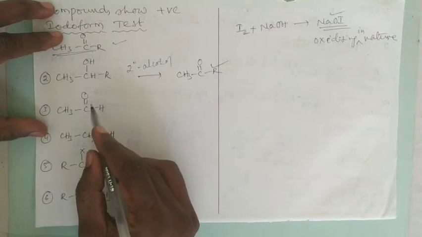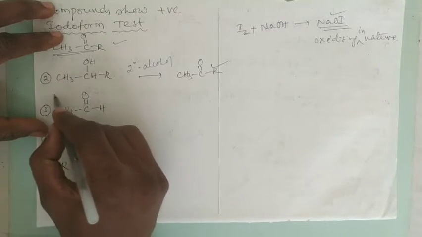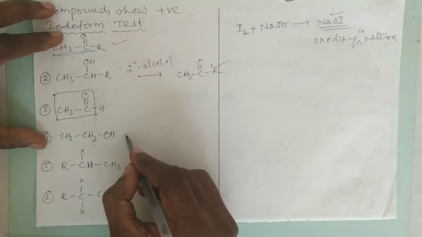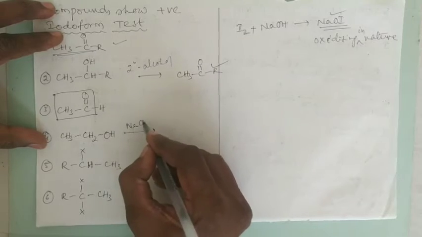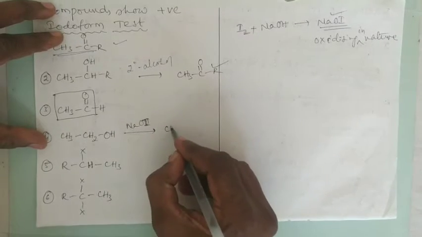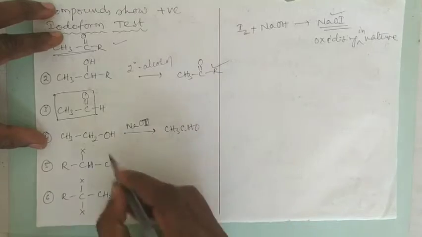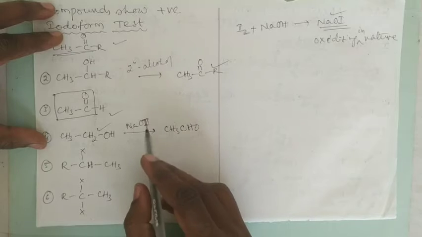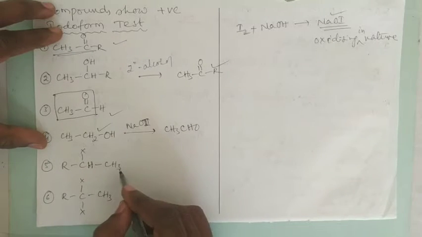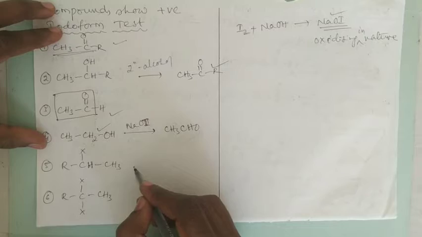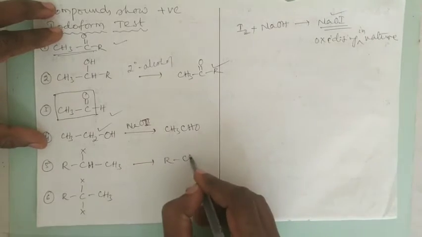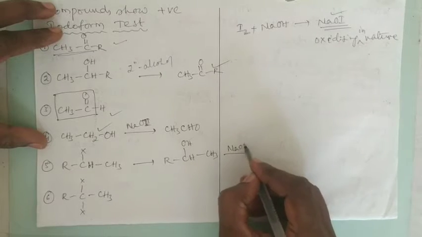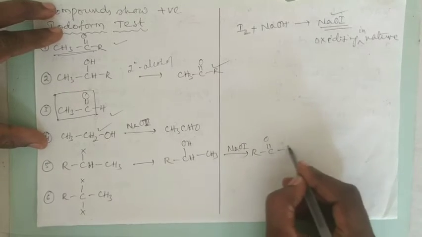CH3CHO is the only aldehyde which gives this reaction, because of the CH3CO part. Ethyl alcohol again gets oxidized by NaOI to form CH3CHO. Therefore, like acetaldehyde, it also gives the iodoform test. Now RCHX-CH3, in the reaction condition, converts into CH3CHOHR, which on oxidation gives RCOCH3.